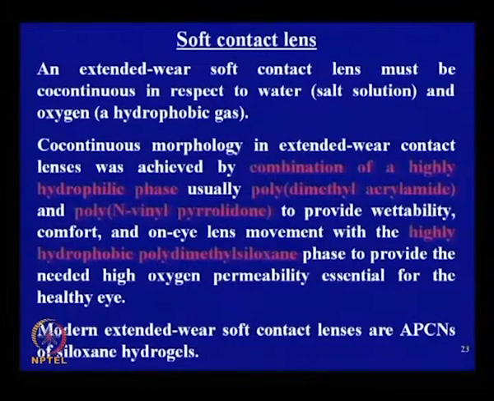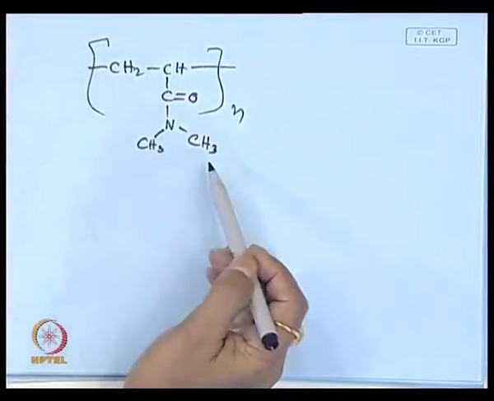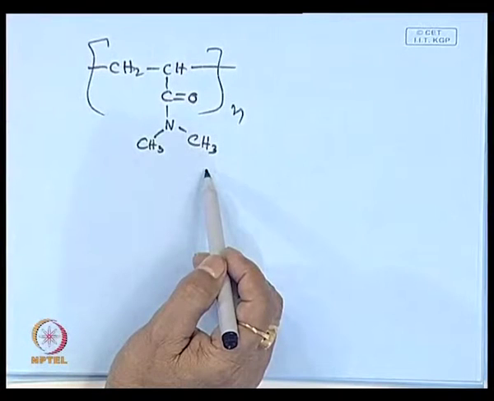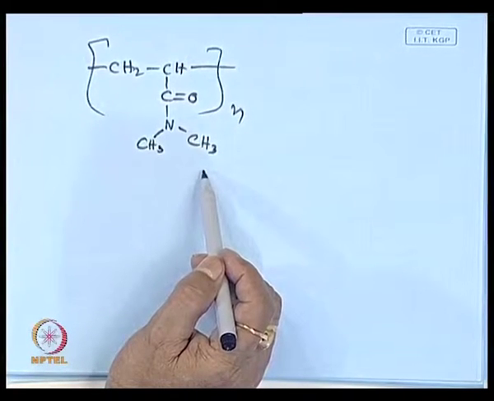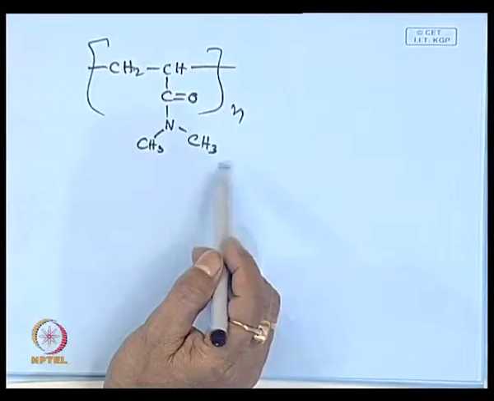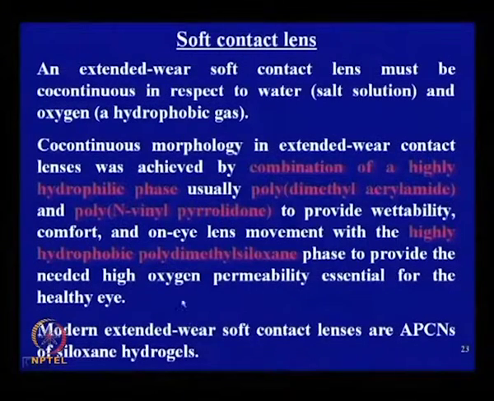So, a network of this polymer with a network of silicon polymer, polydimethyl siloxane phases, to provide the needed high oxygen permeability essential for the healthy eye. Modern extended wear soft contact lenses are made of siloxane hydrogels.